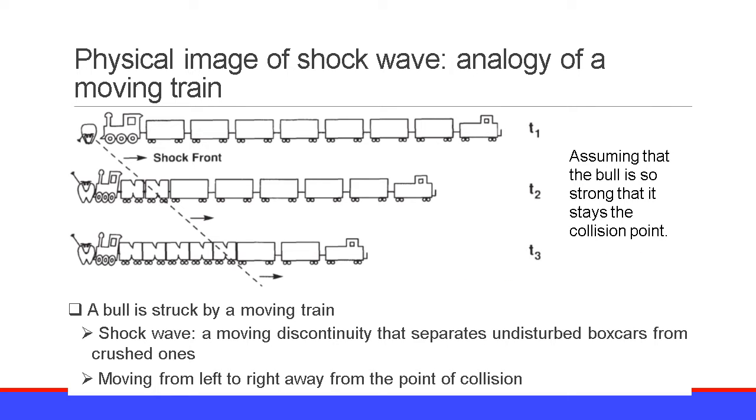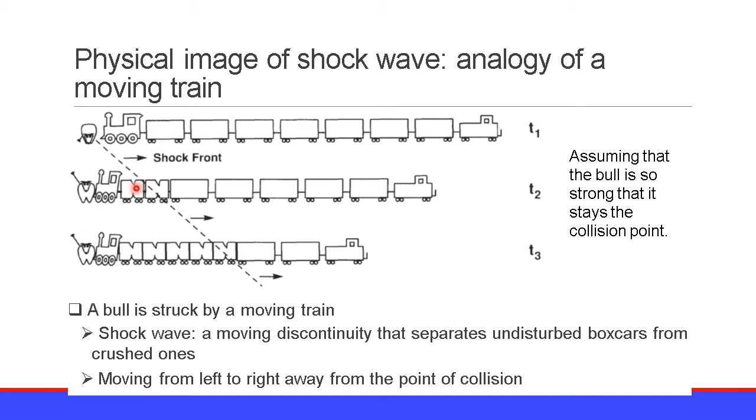Another example is a moving train. So let us consider there is a very strong bull, and the train with box cars collides with the bull, and the bull is so strong he is sitting and does not move.